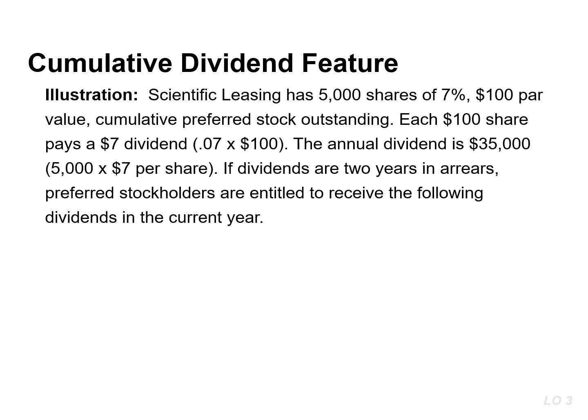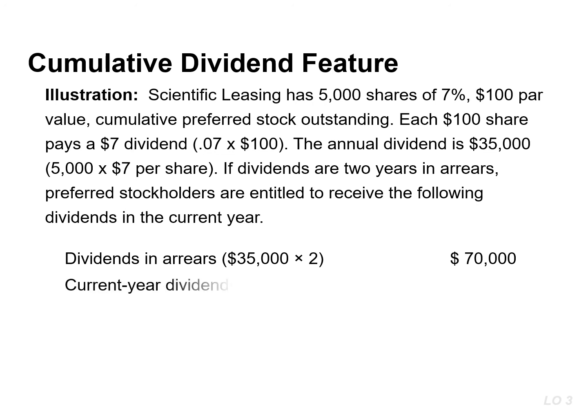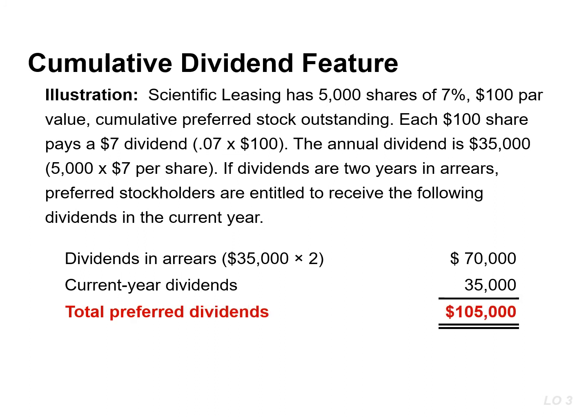The annual dividend is $35,000, and that is calculated by taking the 5,000 shares outstanding and multiplying that by $7. If dividends are 2 years in arrears, preferred stockholders are entitled to receive the 2 years in arrears plus the current year dividend. No distribution can be made to the common stockholders until this company pays $105,000 to preferred stockholders.